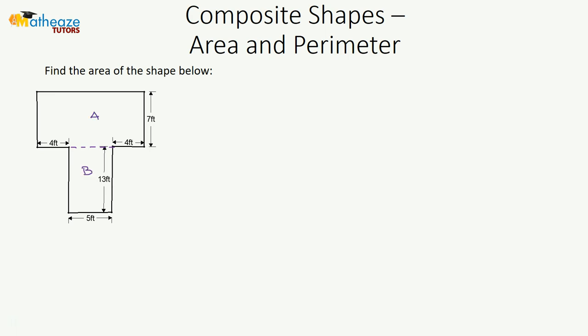I call this B. So area of A is going to be length times width, which is the length is going to be 4 plus 4 plus 5, and then the width is 7. So this is going to give us 13 times 7, which is 91 square feet.